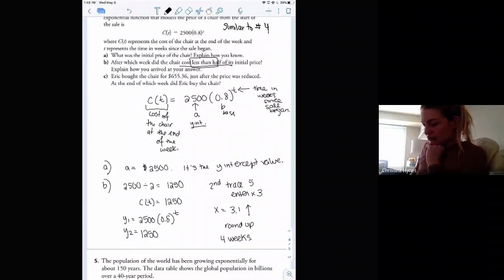So that's similar to, I'll show you again what it looks like in your assignment. Question C, it says Eric bought the chair for $655.36, just after the price was reduced. At the end of which week did Eric buy the chair?